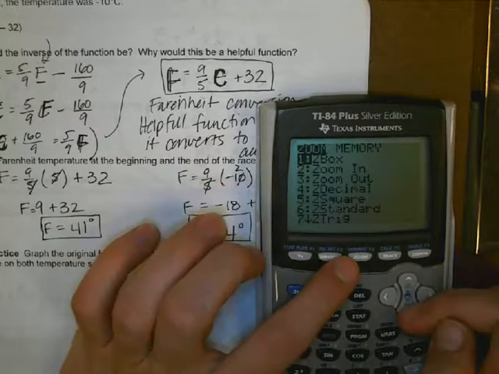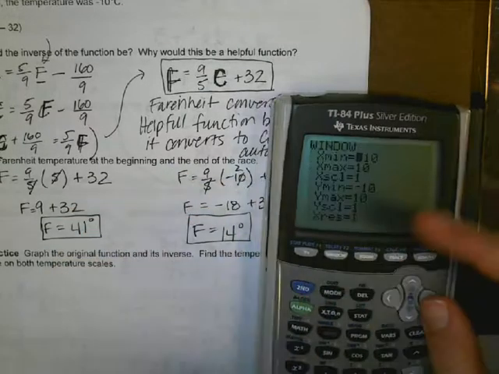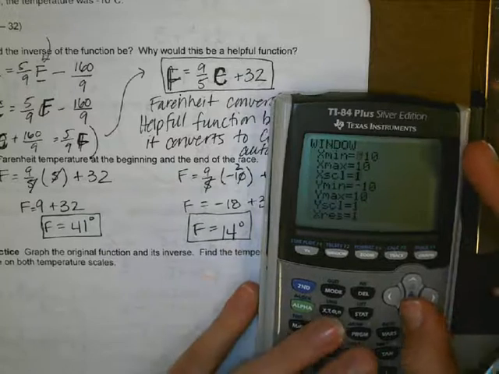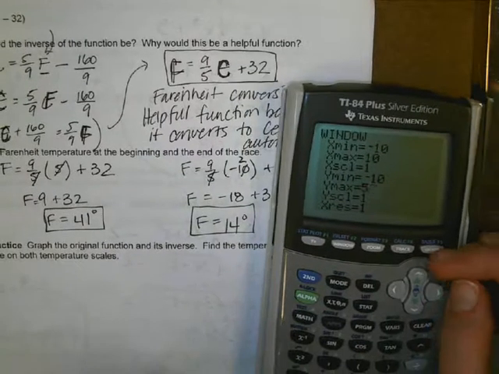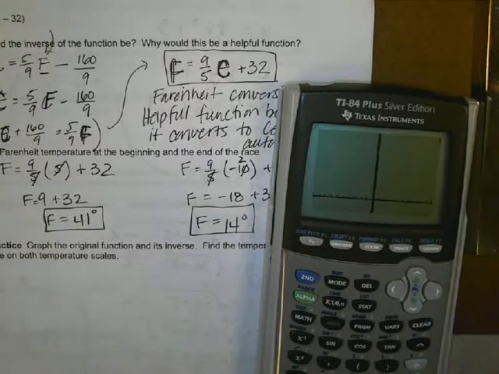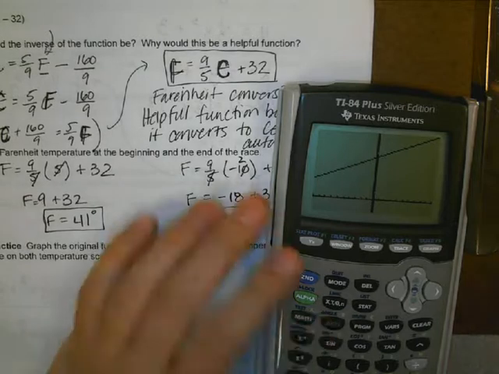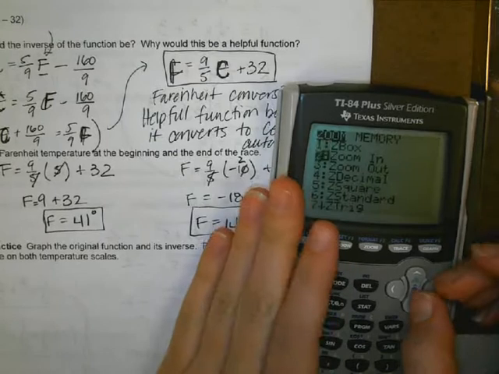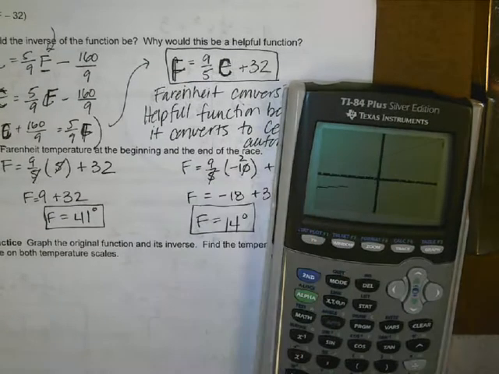Now, I might have to change my window here a little bit. Maybe up that a little bit. And graph it. Okay, so there's one line. Oh, it looks like we might have to extend it out a little bit. Let's zoom out a little. Okay, so there's one.